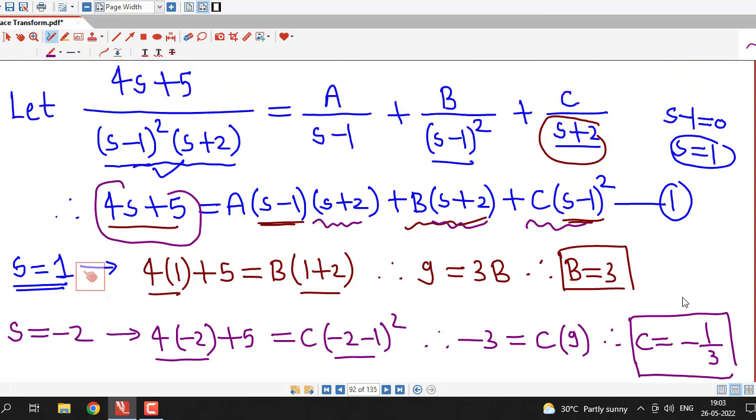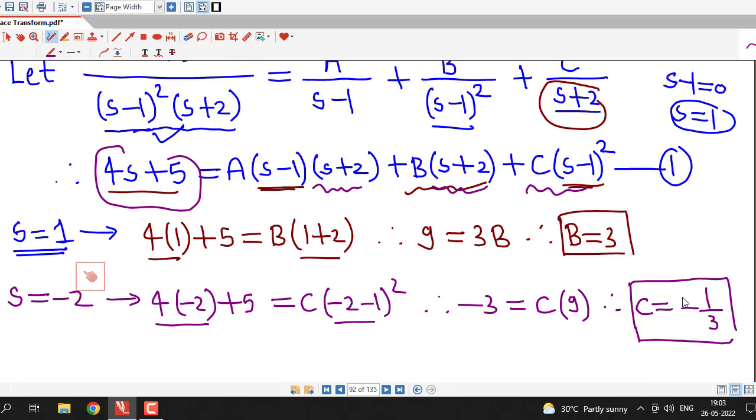Now to obtain the value of the remaining constant, which is A, we will compare the coefficients of powers of s on both sides. We can see that on the left hand side we have a polynomial of degree 1. So here the coefficient of s squared is 0, the coefficient of s is 4, and the constant term is 5. We can write the right hand side as a quadratic polynomial in s.